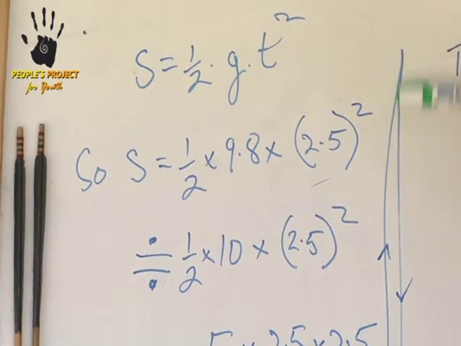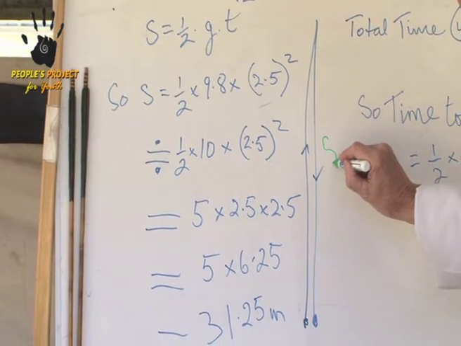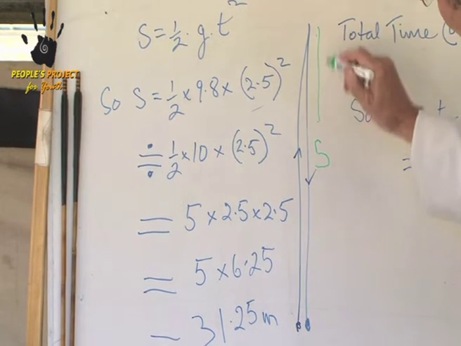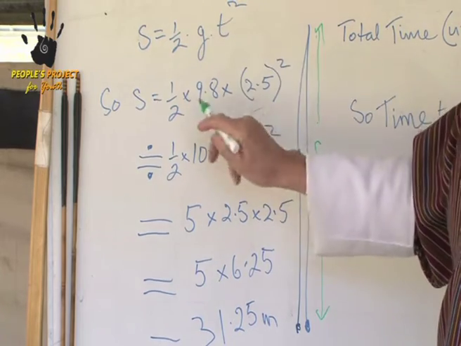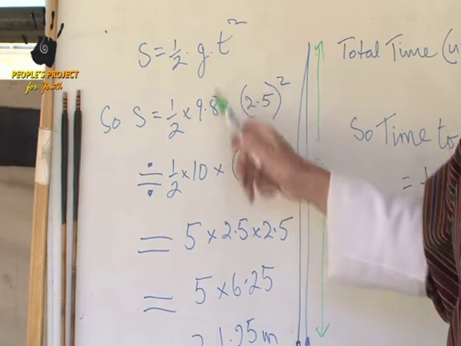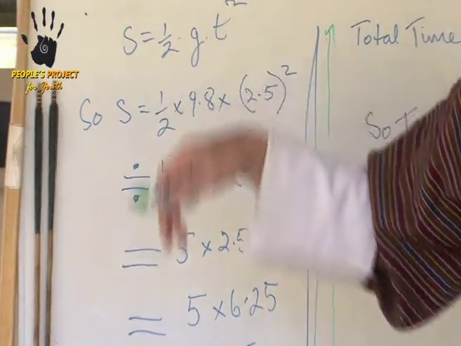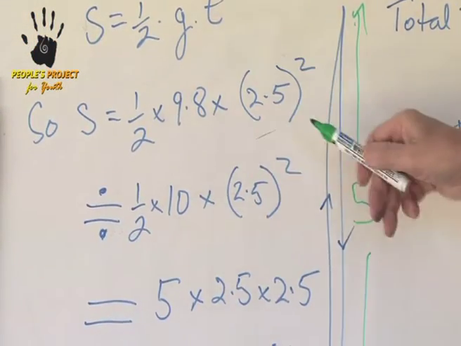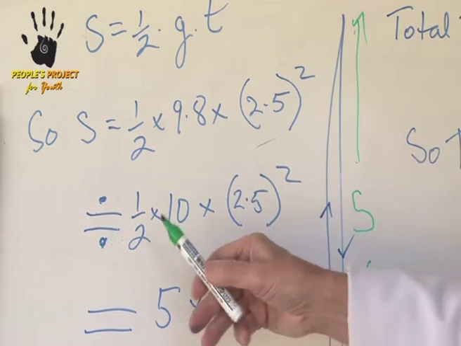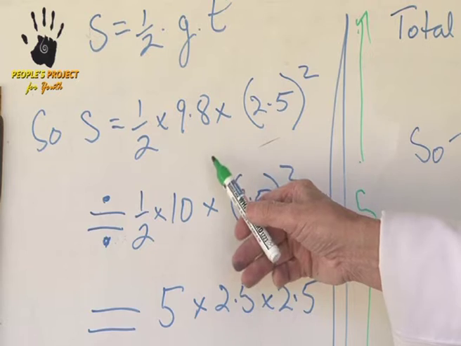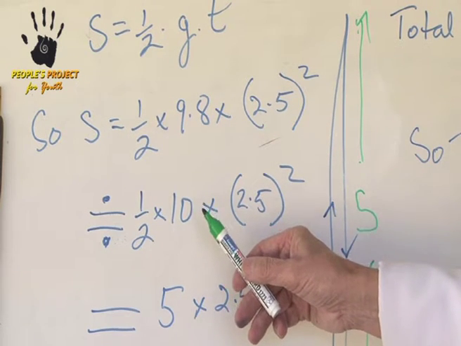Now, the formula you'll have learned at school, S equals a half g t squared, tells us that if it took 2.5 seconds to fall, we can work out S, the height that it fell, which gives us a half, multiplied by g, 9.8 meters per second squared, the acceleration due to gravity, multiplied by 2.5 seconds squared. Now, 9.8 is nearly 10. So let's do another approximation to simplify the calculation.